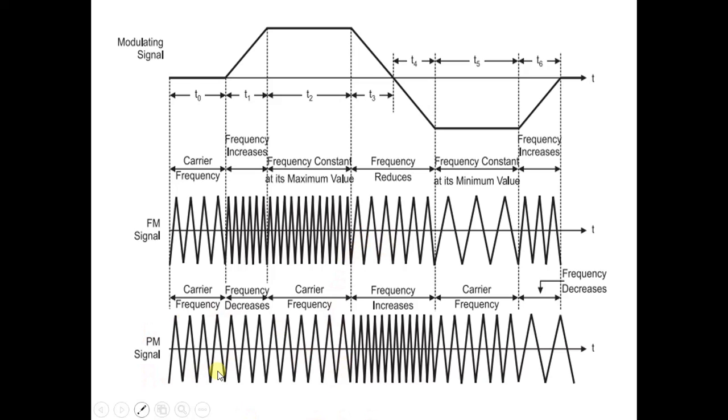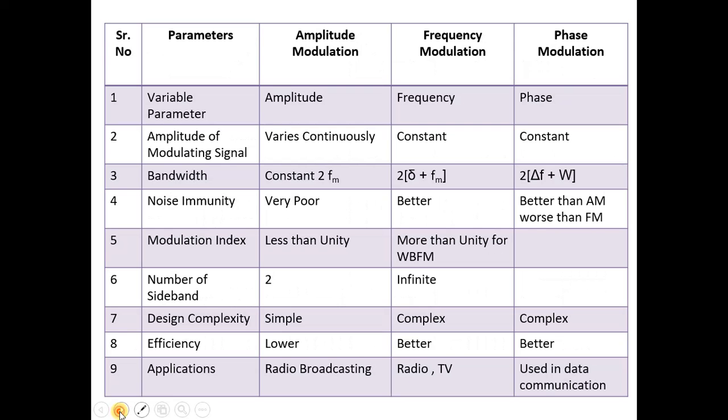Whereas in phase modulation, the frequency deviation increases with increase in modulating frequency fm and decreases with decrease in modulating frequency fm. This is about the relationship between the phase modulation and the frequency modulation.